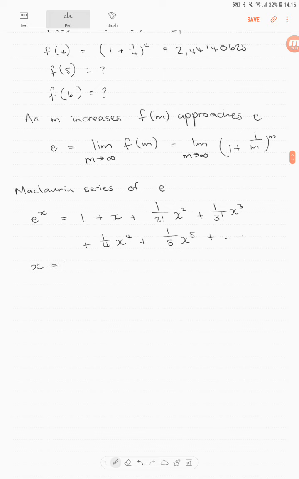If x is equal to 1, e is equal to 2.7166. This is up to n equal to 5. For n equal to 6, e is equal to 2.7180. For n equal to 7, e is equal to 2.71825.